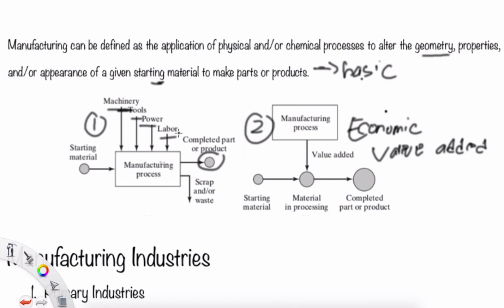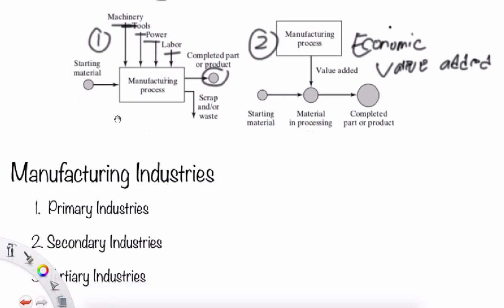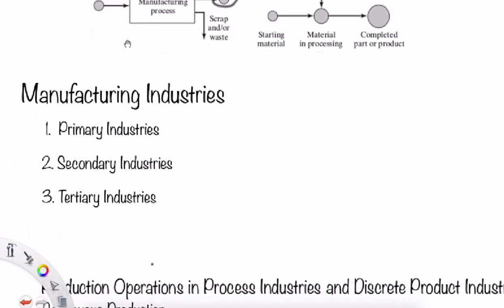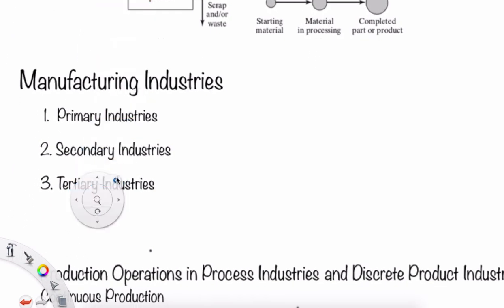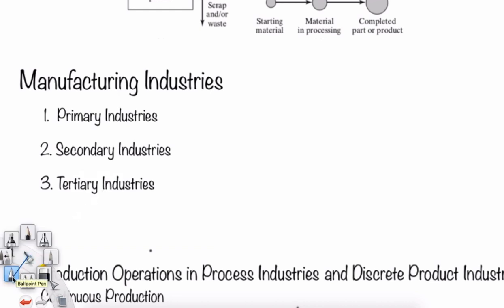And then we are moving to the manufacturing industries. We divide them into three major types. The first is primary industries, the second is secondary industries, and the last is tertiary industries.